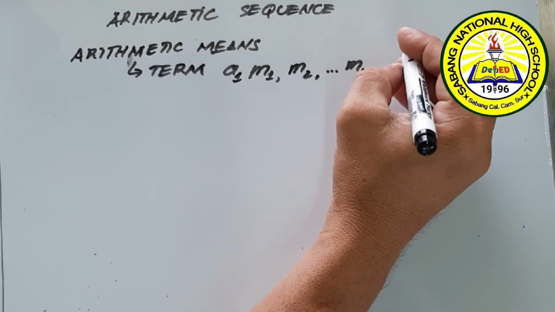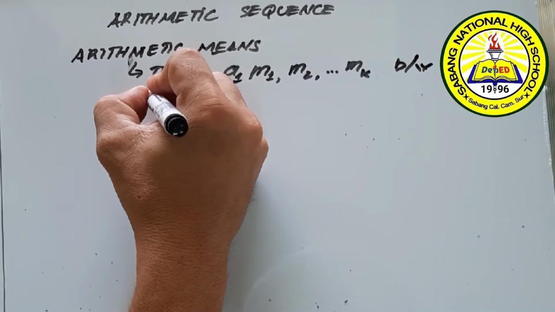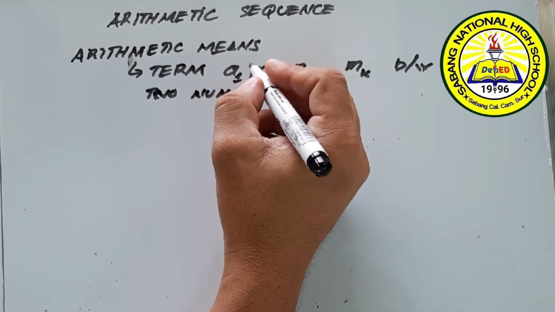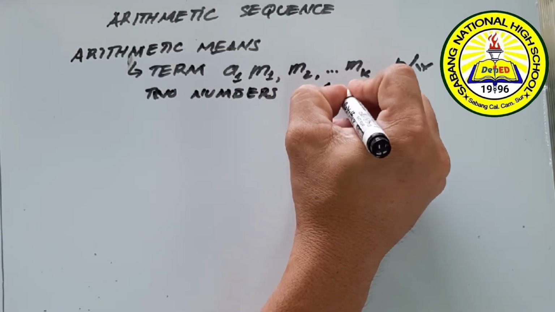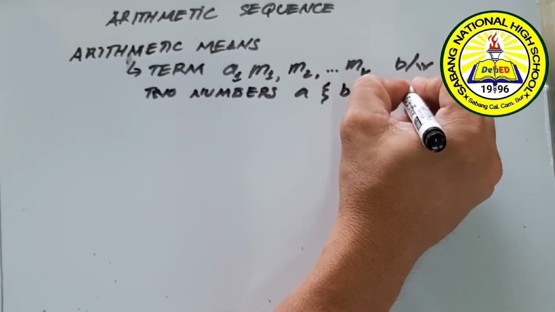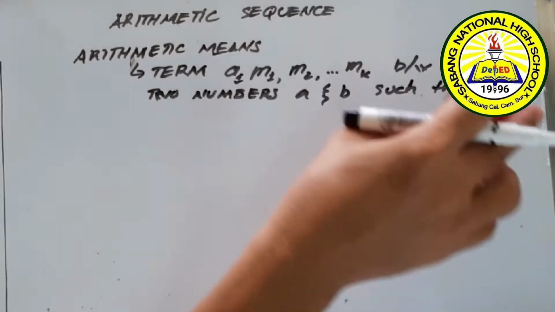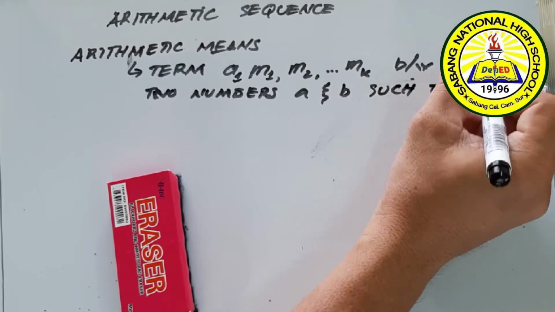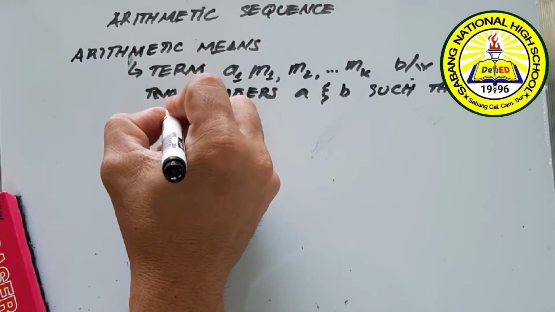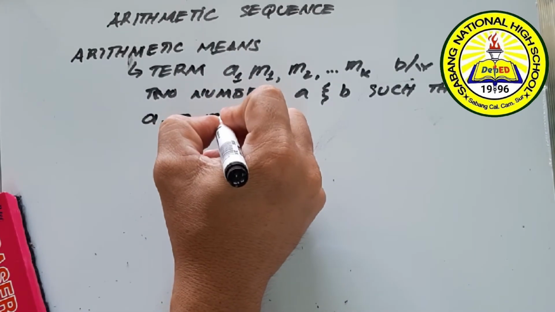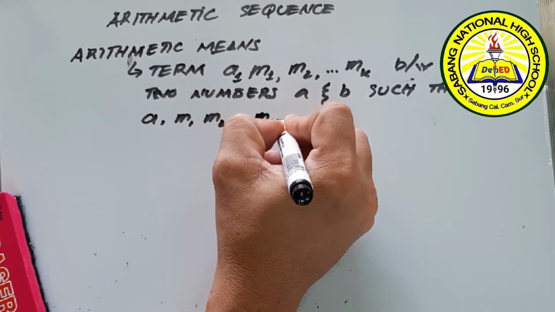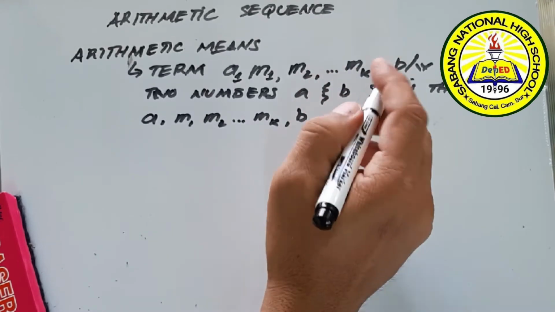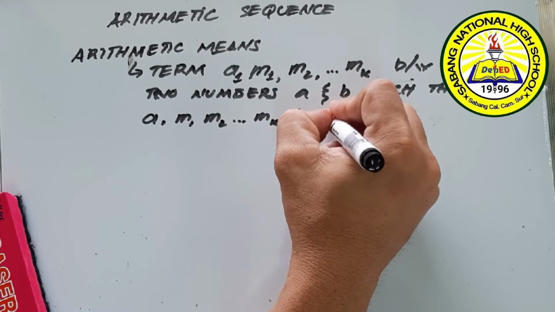until arithmetic mean K, between two numbers A and B, such that A sub 1, M sub 1, M sub 2, until M sub K, B is an arithmetic sequence.